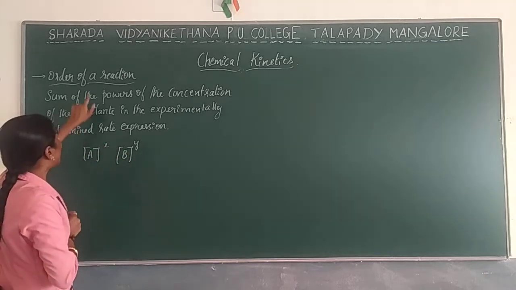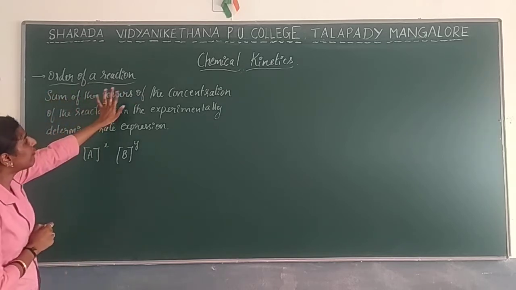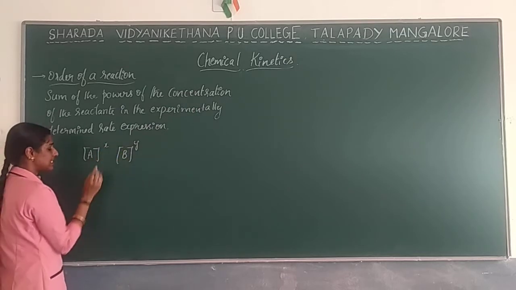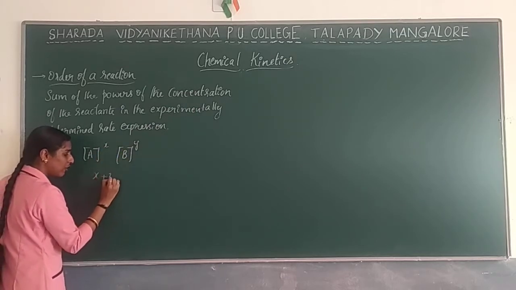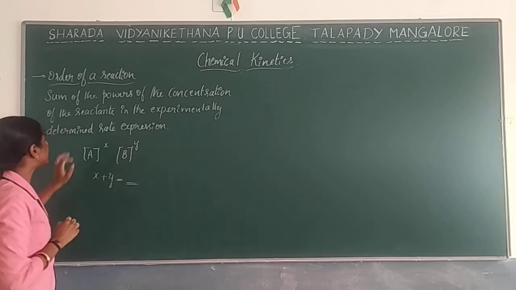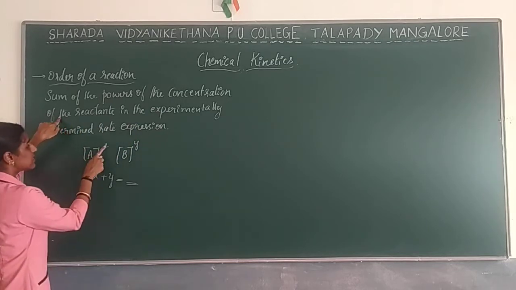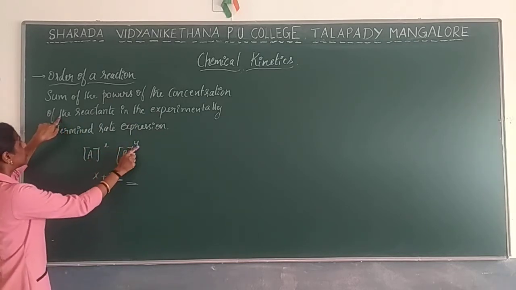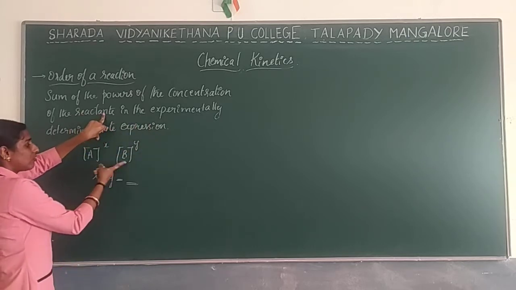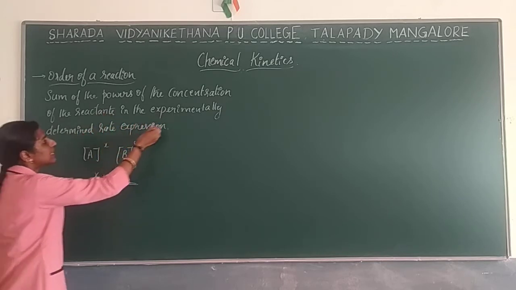So order of reaction is the sum of the powers of the concentration terms. The powers are x and y. If you take the sum, whatever value you get will be considered the order of reaction. It is the sum of the powers of the concentration terms of the reactants, and this can be written only for the reactants in the experimentally determined expression.